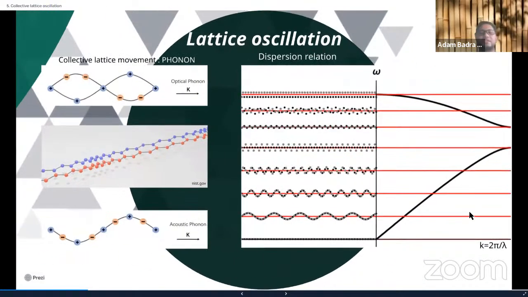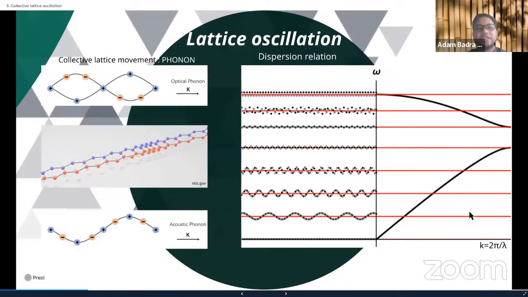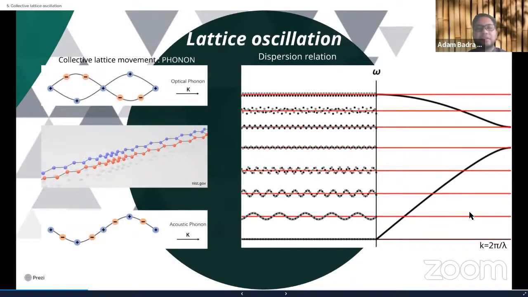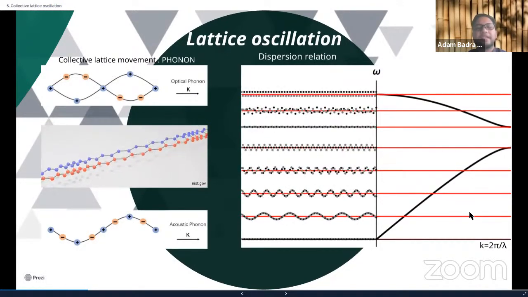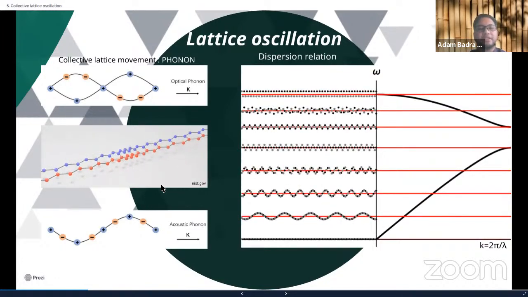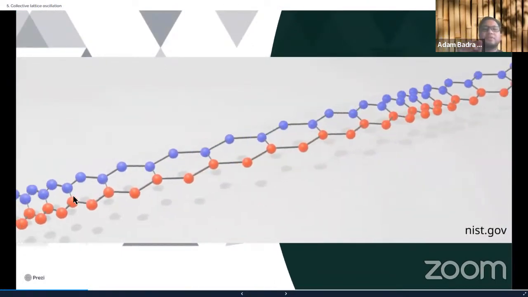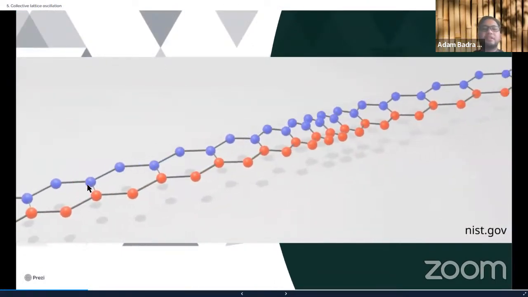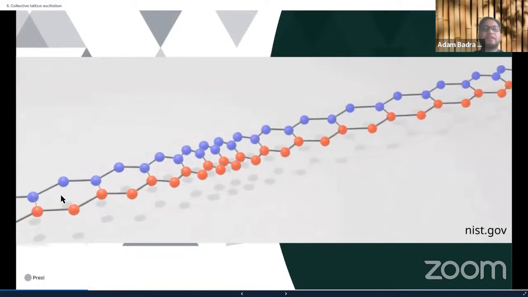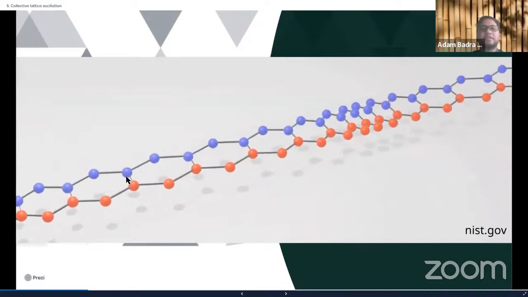So what is lattice oscillation? This is the one that I didn't show you yet. Lattice oscillation is very important in solids. It can carry many things. If you look at this picture, each of the atoms doesn't really move anywhere.